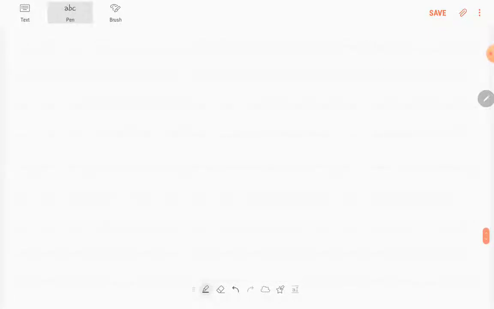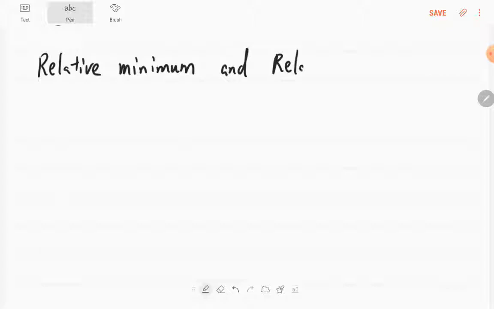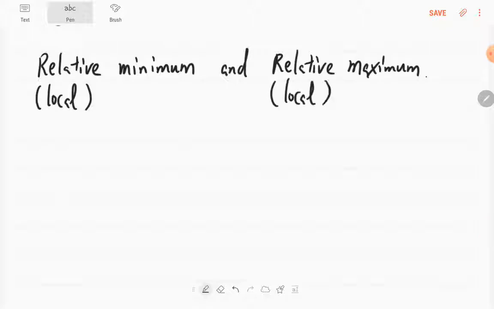Another property is called the relative minimum and the relative maximum. Sometimes some textbooks call them the local minimum and the local maximum.